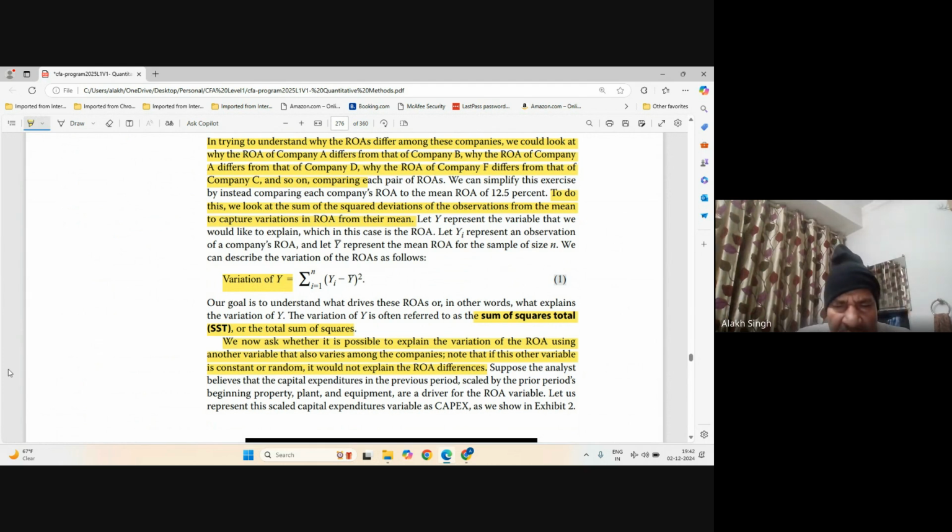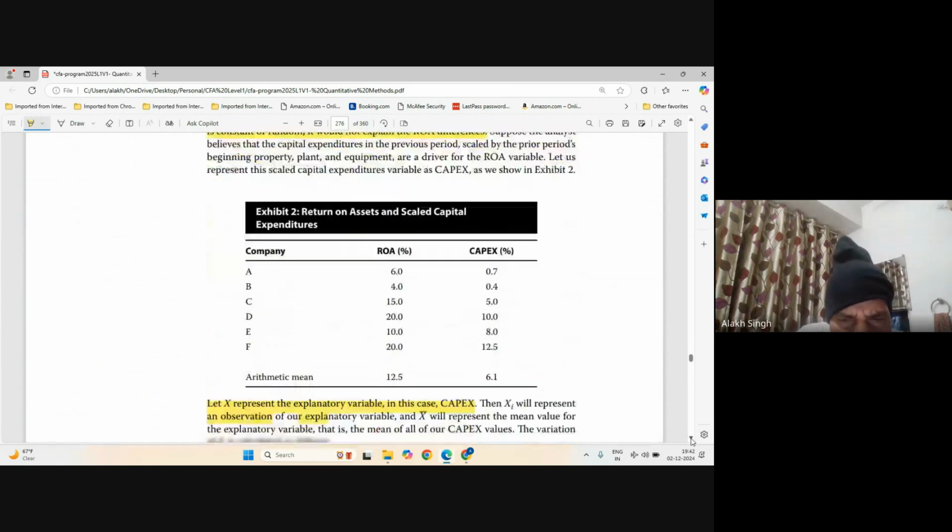Now, is it possible to explain how this total variation came? Did it come from the model? That will be the explained variation, and the rest will be error terms, or unexplained variation. So these are total variations, and let's go down.